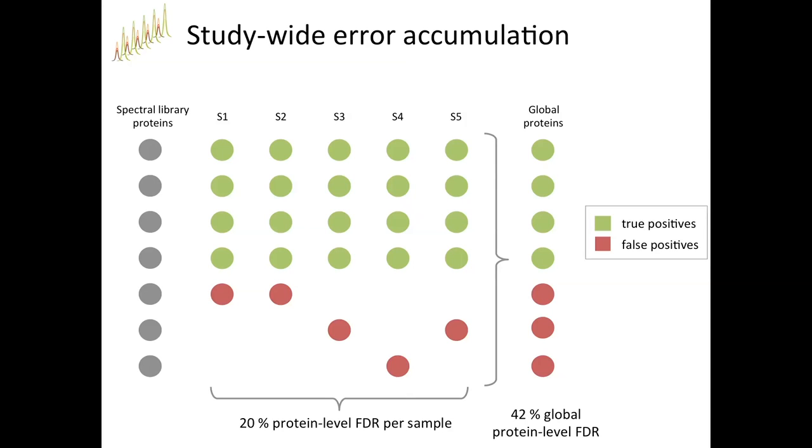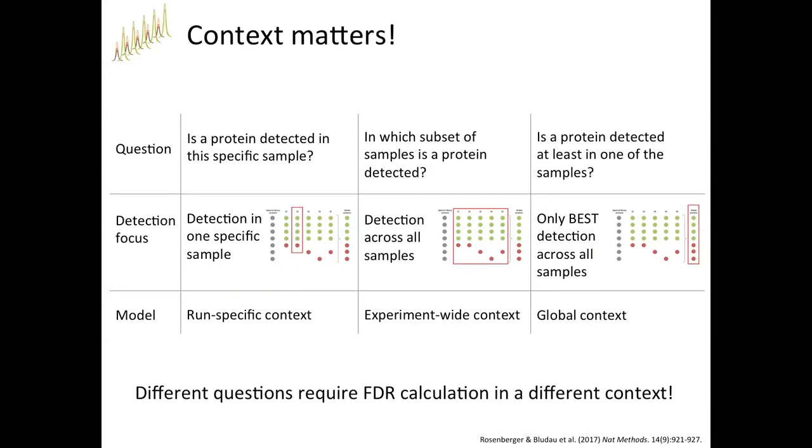So we have thought about this problem quite a bit in our lab, and we have come up with 3 different questions that you can answer, similar to the questions that Mike mentioned between spectrum-centric and peptide-centric. We now want to differentiate even further, depending on how many samples and what specific question you want to answer.